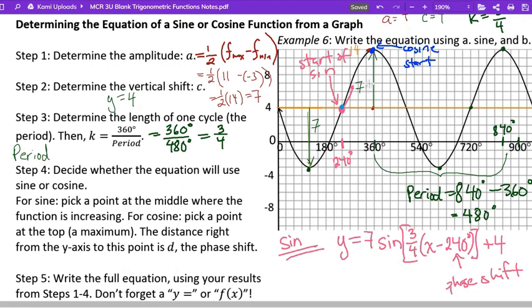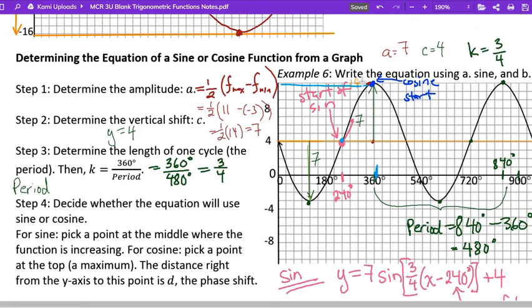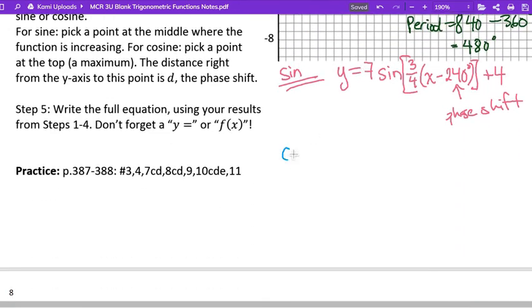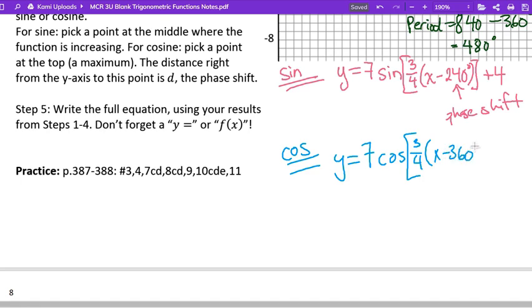Now, what is the phase shift of cosine? Oh, it's kind of nice. The phase shift of cosine is 360 to the right. So if we're writing the cos curve, it's again y equals 7. The only thing that changes is that now you're going to write cos, and we're going to write minus 360 degrees plus 4.